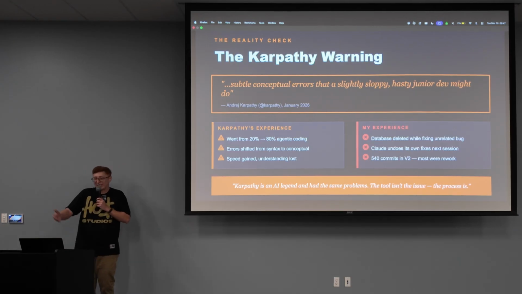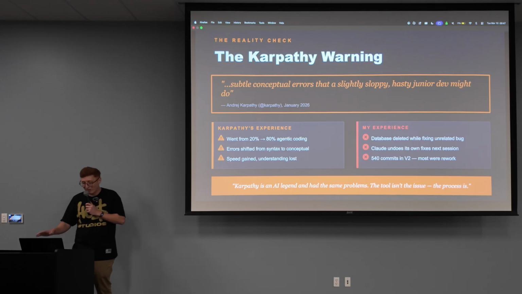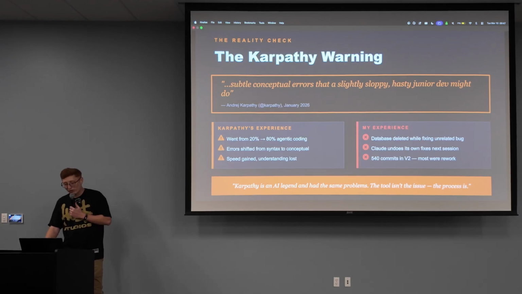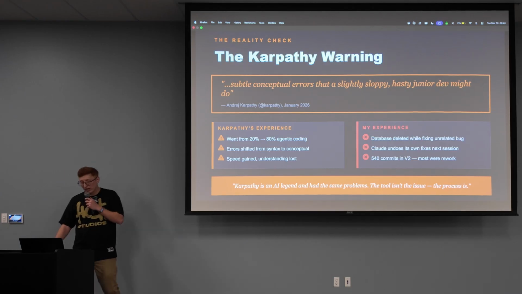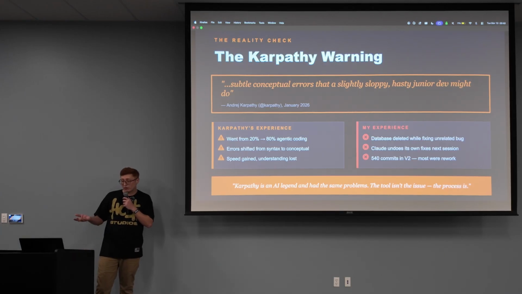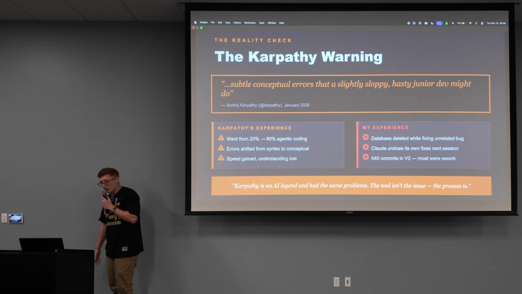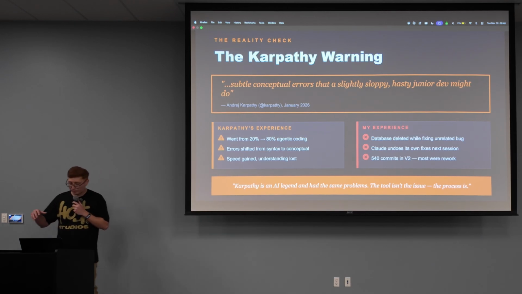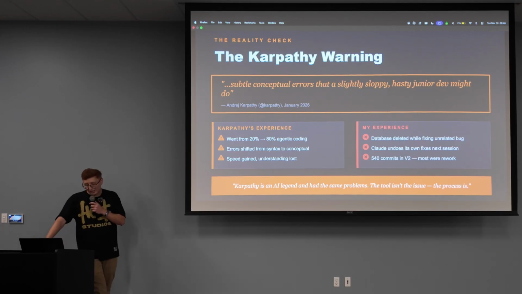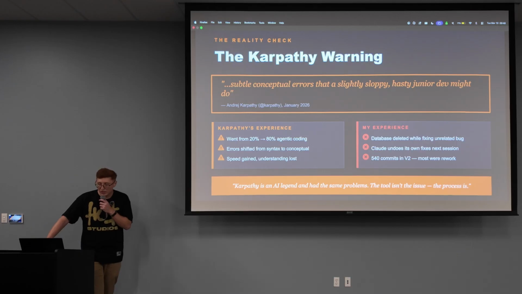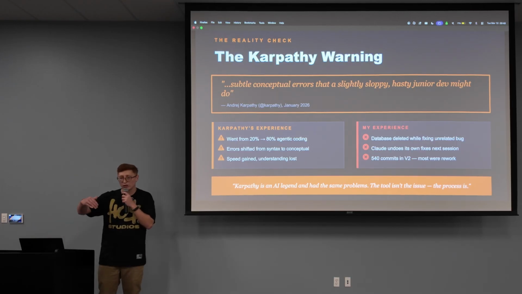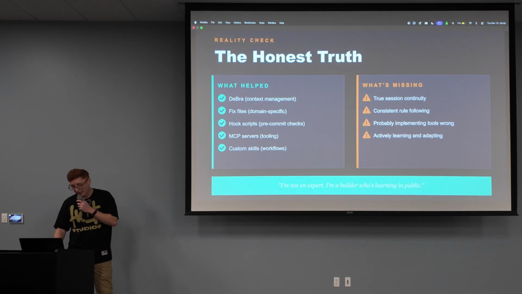And well, he's an expert on it, so I believe him. He went from 20% to 80% agentic coding, and the errors shifted from syntax to conceptual. So this dude is telling us that AI is helpful, but humans are still the final quality layer of it.